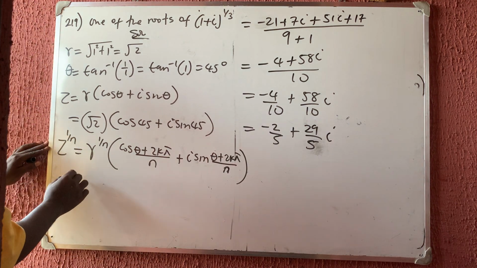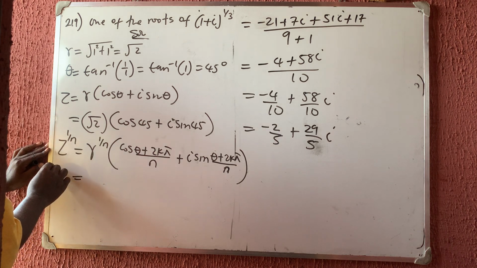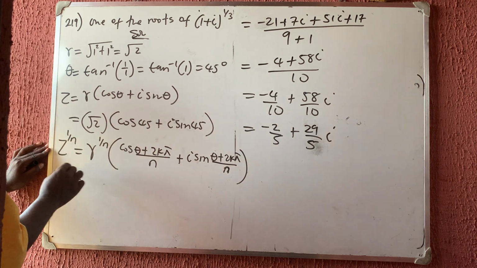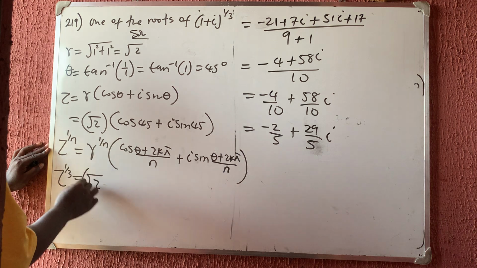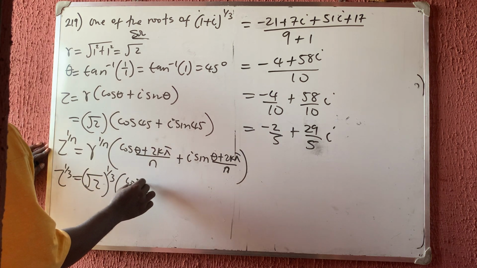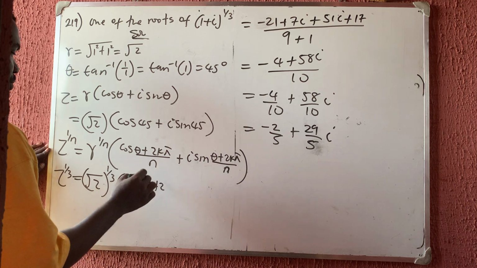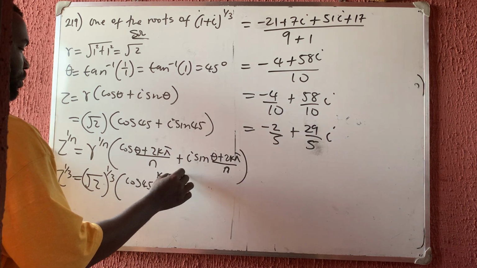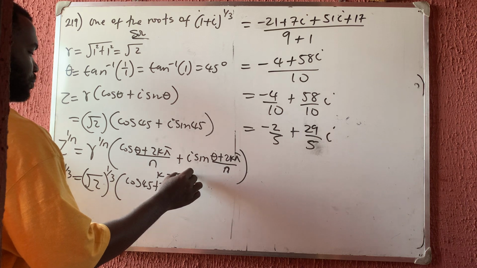Okay, so let's do that now. So I'm going to have z raised to power 1 over 3 is equal to root 2 raised to power 1 over 3 into cos 45 plus 2 k pi, now k here will start from 0, 1 and 2.